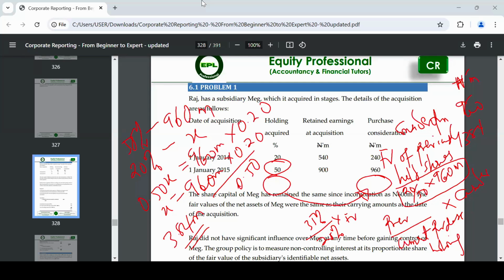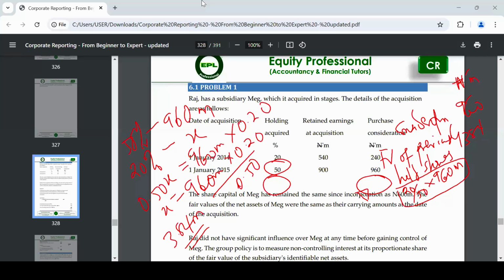Okay. Now, away from that, the next thing will be, what then is the NCI? They told us, according to the question, that the group policy is to measure NCI at its proportionate share of the fair value of the subsidiary's identifiable net assets.